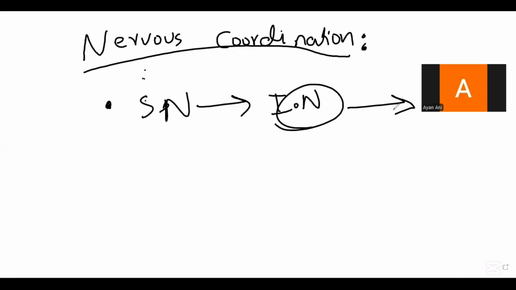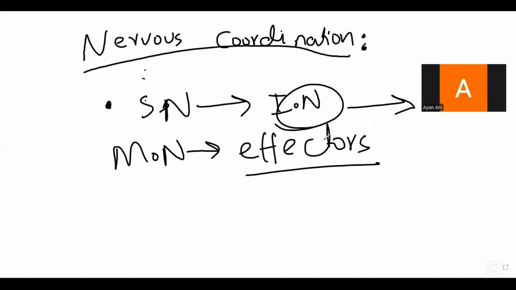After the processing and analysis of the stimulus, the response to the particular stimulus is carried through the motor neurons to the effectors. This is how we provide a response to a particular stimulus, and this specific pathway followed by a nerve impulse is called nervous coordination.